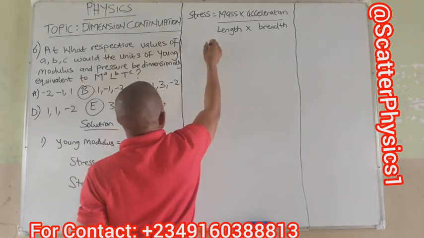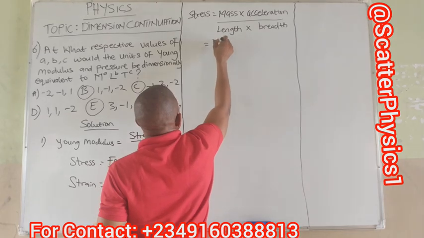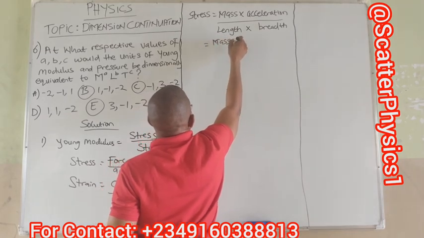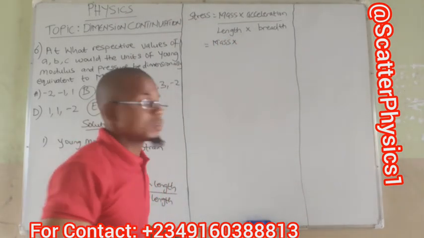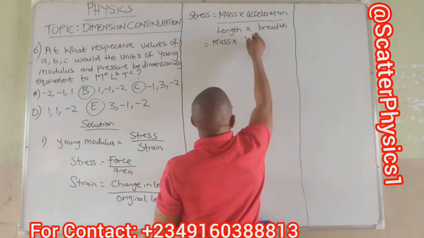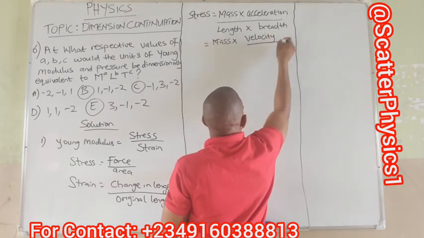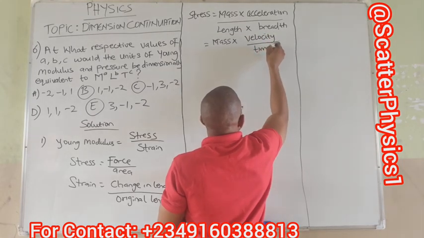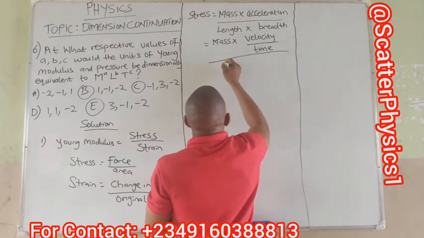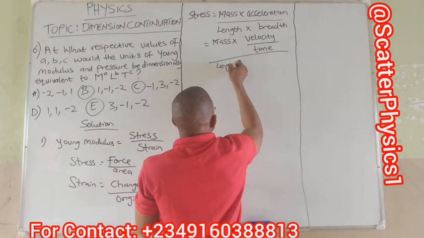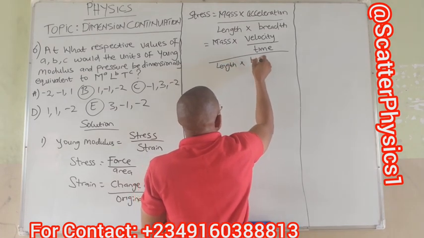So we go again. Mass times, the formula for acceleration is velocity over time, all over length times breadth.